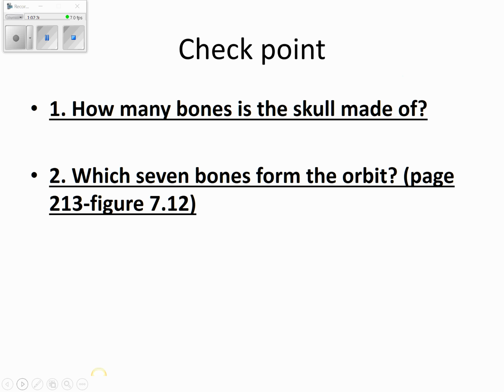So next we have, how many bones is the skull made of? Remember, your skull is made of 22 bones. Which 7 bones form the orbit?